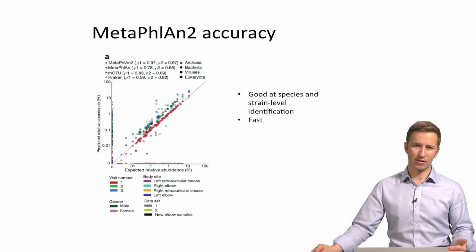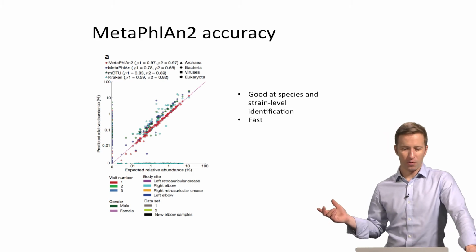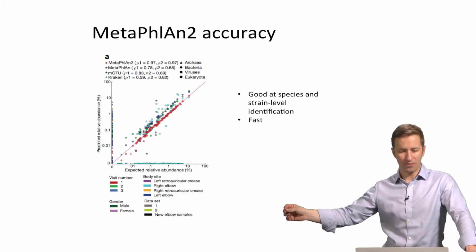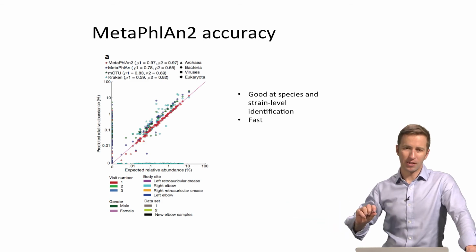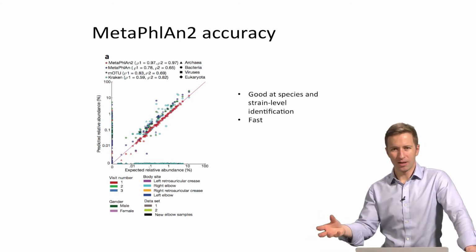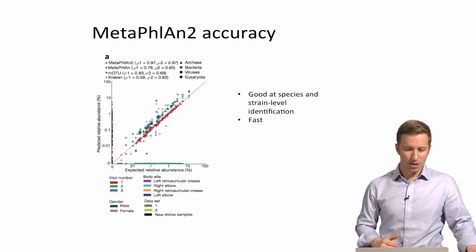and also viruses. And here's an example on some simulated data where they're plotting the predicted relative abundance, or the output from MetaPhlAn, and then the expected relative abundance, which is from the simulation. So they know how much of a particular bug they put in when they simulated a community, and then this shows how much is recovered with the different methods.